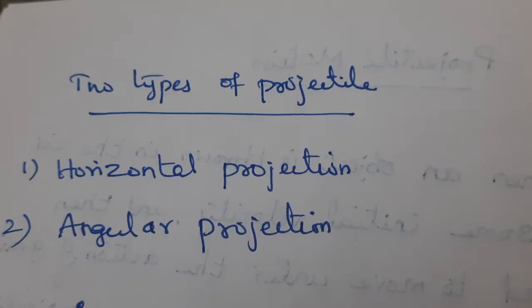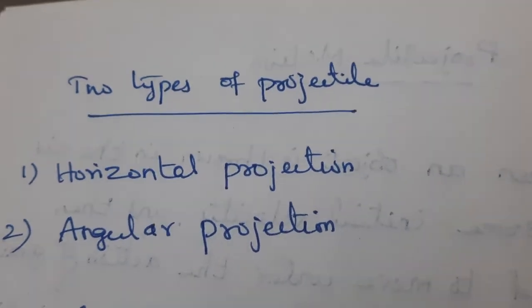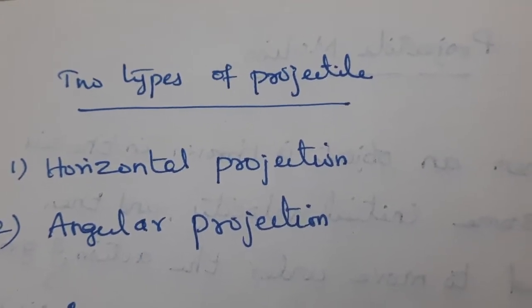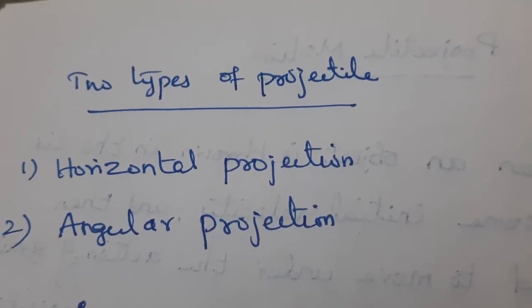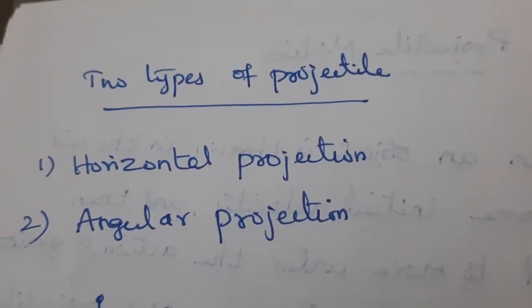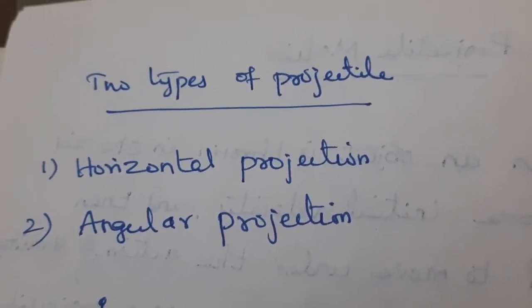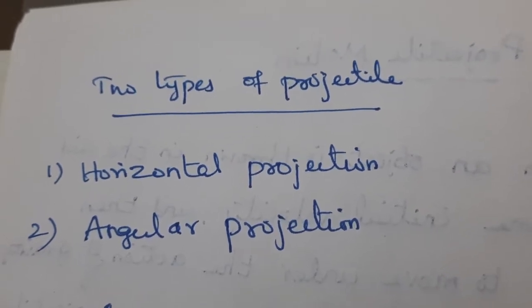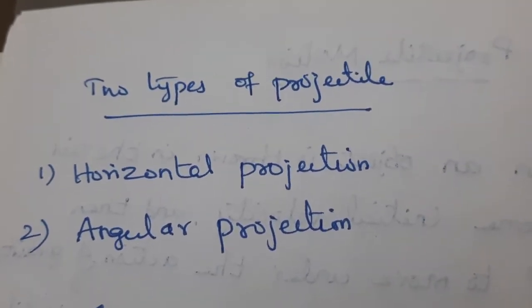Then, the types of projectile. There are two types of projectile motion. One is horizontal projection. The second one is angular projection. What is meant by horizontal projection? The projectile is given an initial velocity in the horizontal direction.